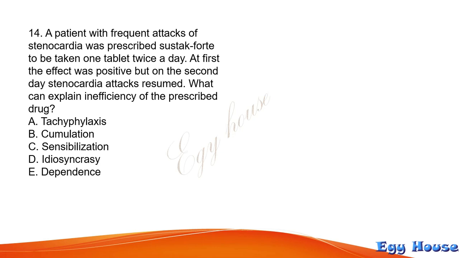The next question. The patient was having frequent attacks of stenocardia, and he was prescribed Sustac-Forte. At first the effect was positive, but on the second day, stenocardia attacks resumed, meaning they returned. This can be explained by inefficiency of this type, which is called tachyphylaxis.